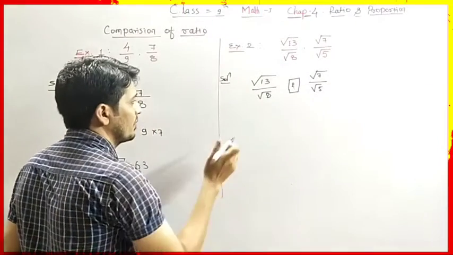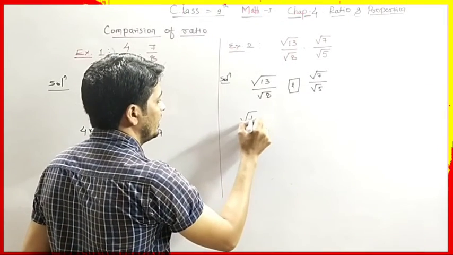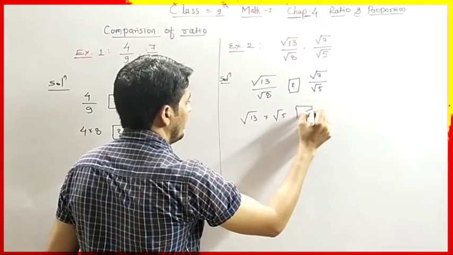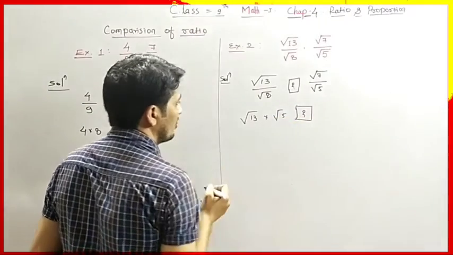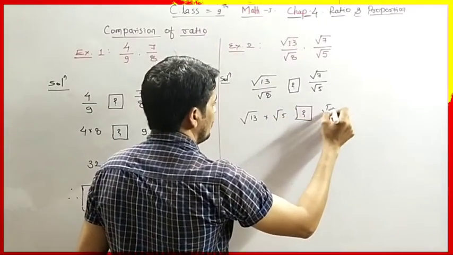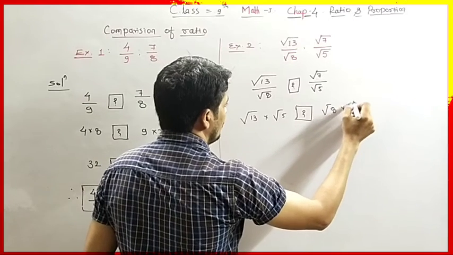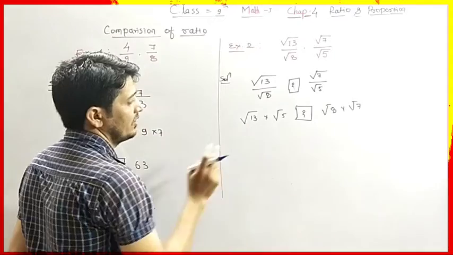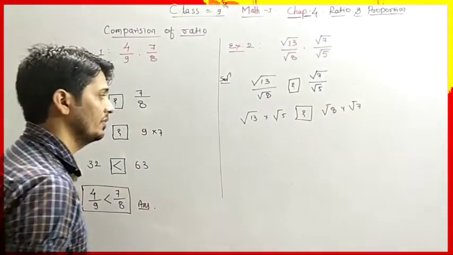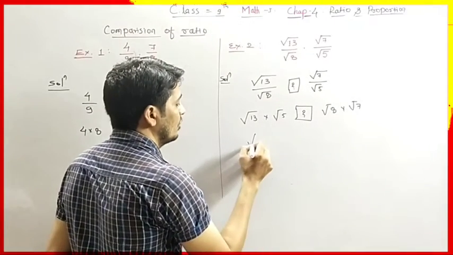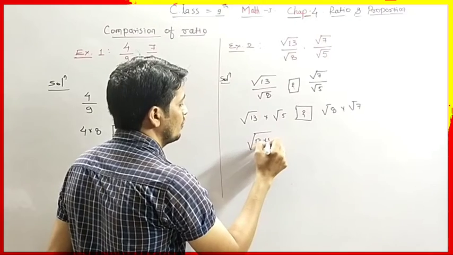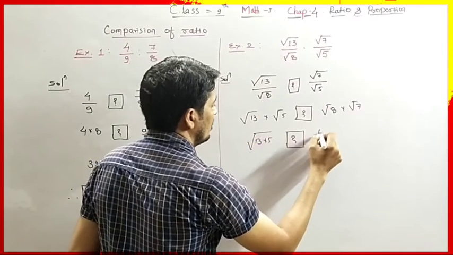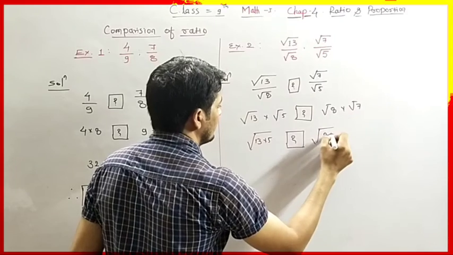Again we cross multiply: root 13 into root 5, and root 8 into root 7. Both roots have the same order, so we can multiply them directly: root 13 into 5, and root 8 into 7.